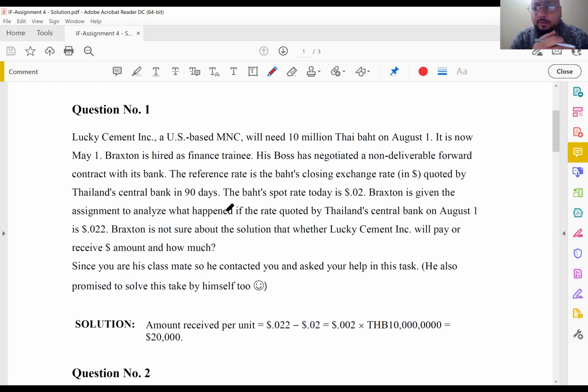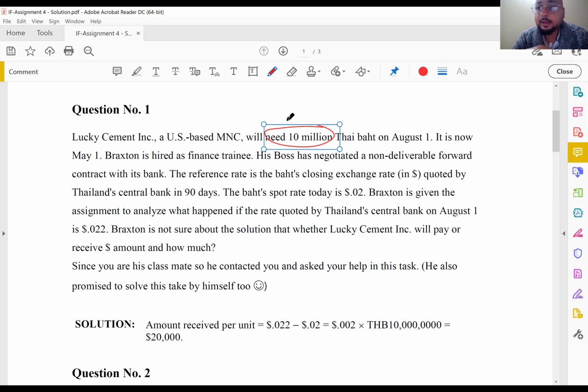So what is a non-deliverable forward contract? In it, this 10 million baht is not actually transferred to his account or the parties. Only the difference between the expected spot rate in the future and the forward rate is going to be traded.